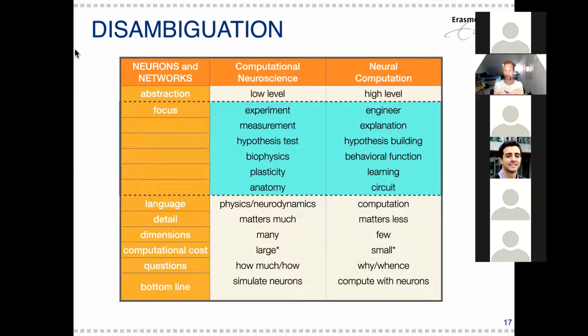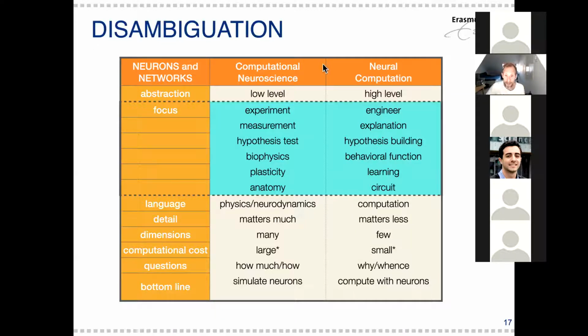The abstraction level is low, at the level of the implementation: the ion channels, the action potential. Whereas in neural computation, we're going for the cognitive functions, like pattern recognition, decision making, language. So the focus is slightly different, even though they cross talk.